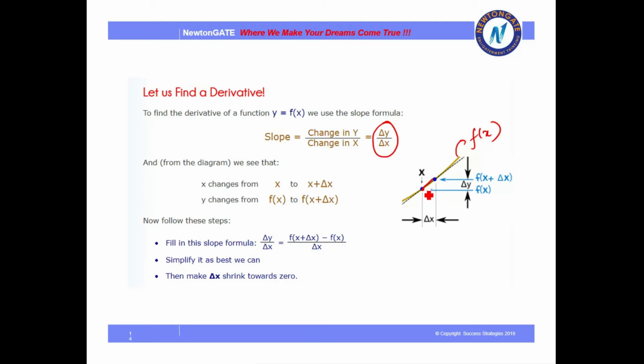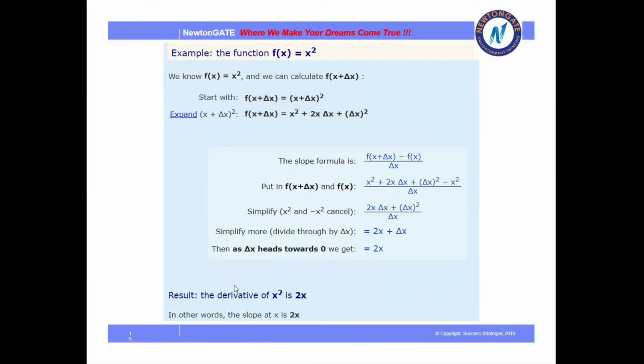So x has changed from this position to this position, so this is delta x, and y, that is f(x), has changed into this position, which is delta y. Now according to the slope formula, we get this as our equation, and as delta x shrinks towards 0, we finally get the formula.